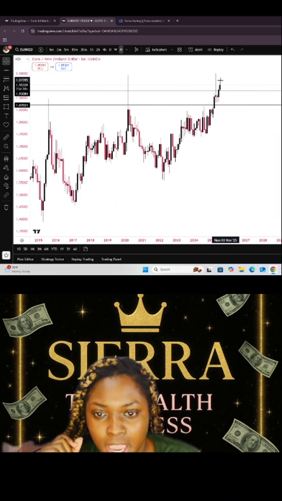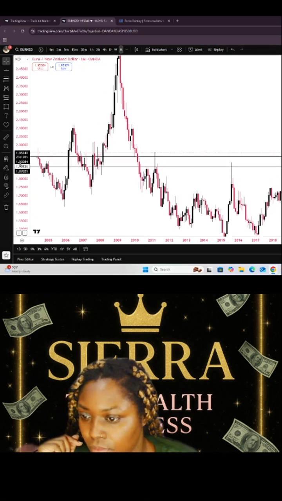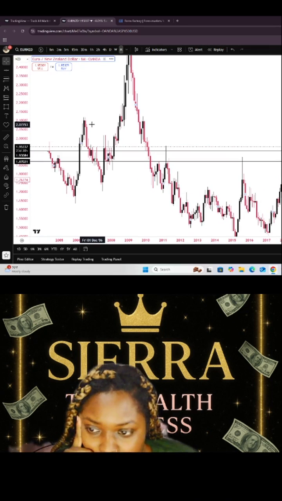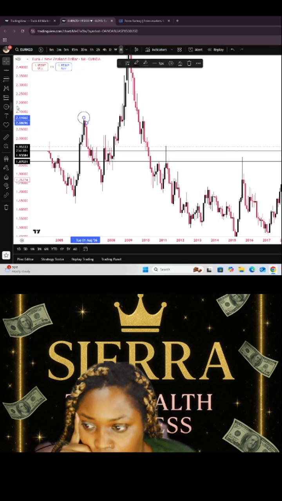Okay. And now I'm going to go back and look to my left and try to find a zone above this zone here. And off the bat, I see a rejection area here and a rejection area here. Okay. And they're in a similar area here and here.